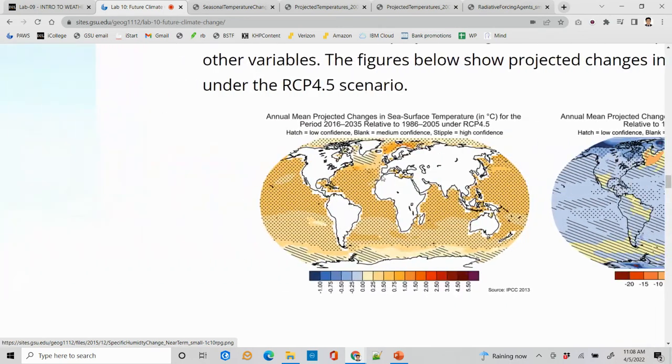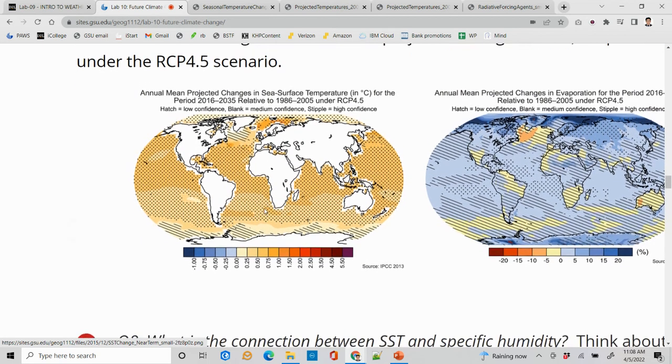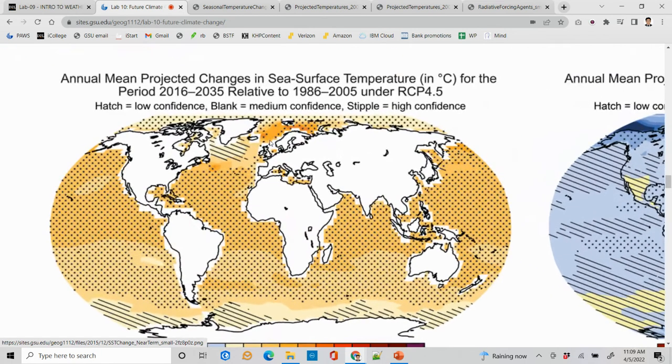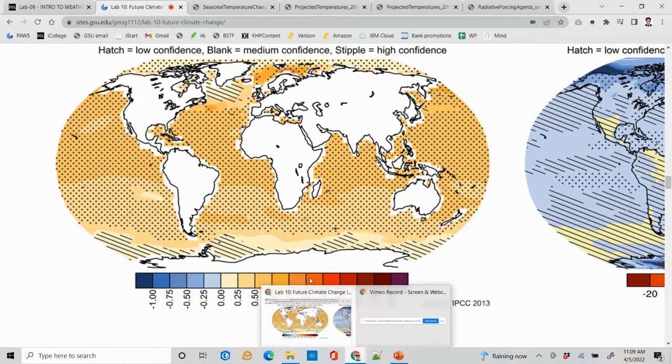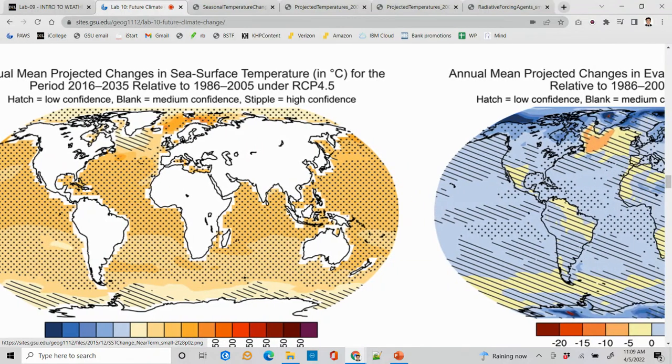As you can see from the sea surface temperature, just pick a region. If you look at this region in the Arctic, these are the only places where the sea surface temperature is on the upper side. All other places are close to 1 or so, but this place is close to probably 1.5. That means an increase of sea surface temperature.